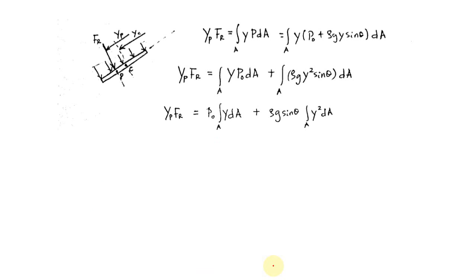Now let's continue. We're not only interested in the resultant force, we're also interested in which point it acts. This is because, as you can see here, the pressure increases as we go lower, or as we go away from our axis. So we don't expect the resultant force to be at the center or somewhere above the centroid.